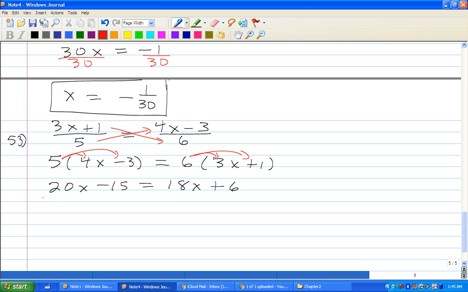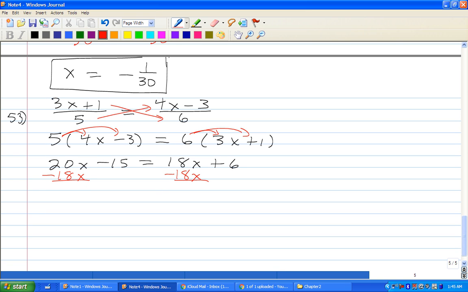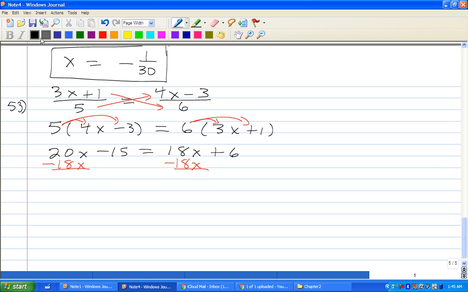Subtract 18x from both sides of my equation. In order to isolate x on one side of my equation, I always subtract the smaller 18x from the 20x. 20x minus 18x is 2x. Minus 15 is equal to 6. Add 15 to both sides of my equation.